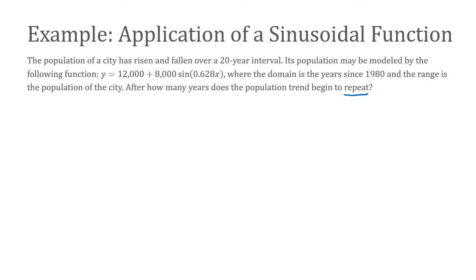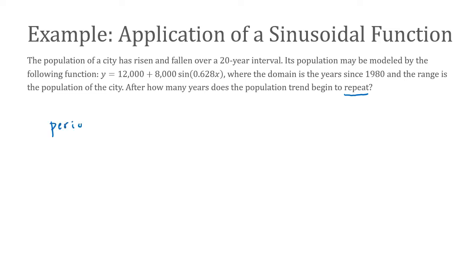And then we've talked about the period, and the period is when we see the function begin to repeat. So the word repeat goes along with this question, doesn't it? After how many years does the population trend begin to repeat? So what I think is that if I can identify the period of this equation, then I'll have the answer to my question. So what is the period of this function?